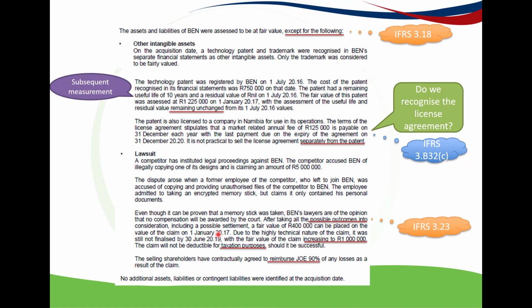Then the paragraph continues to say, due to the highly technical nature of the claim, it was still not finalized at our year end, with the fair value of the claim increasing to 1 million. So there we know that there will be subsequent measurement required. Remember, if it's a contingent liability, the subsidiary will not recognize it in its trial balance.